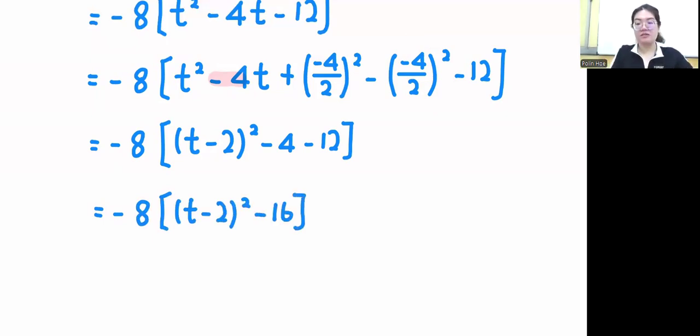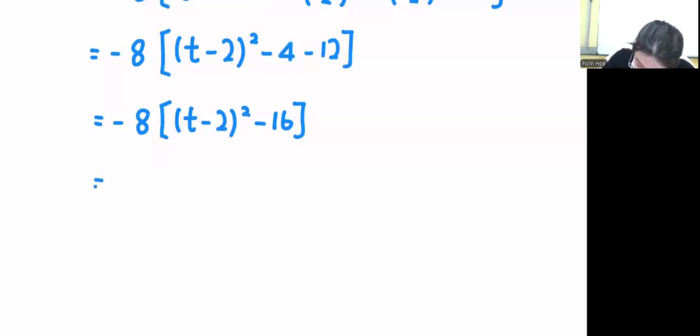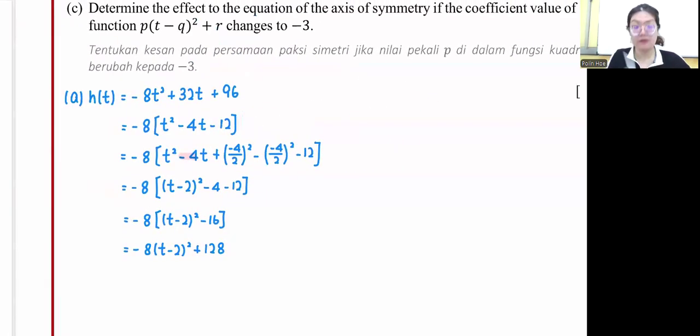So 8 times 16 is 128. Negative 8 (t minus 2) squared plus 128. Okay, so this is part A, part 1.